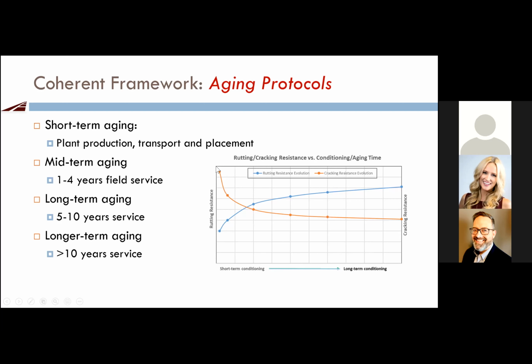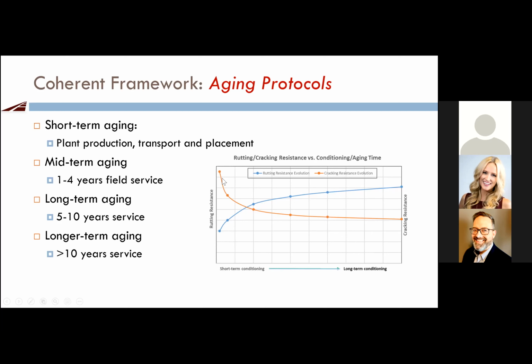This illustrates the blue line, which is rutting resistance. In the beginning it is pretty weak in the short term, and then it gets stronger and stronger. But this is the most vulnerable time for rutting resistance. That's why we prefer short-term aging for rutting, regardless of the performance mix design process or even the performance verification process.